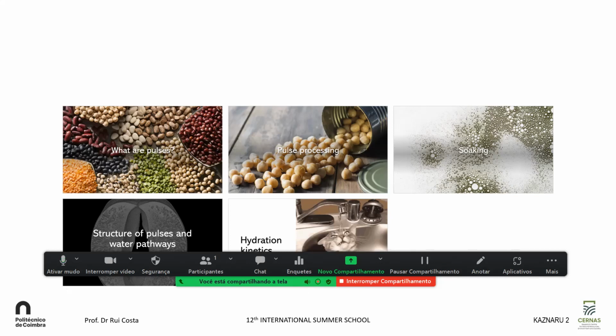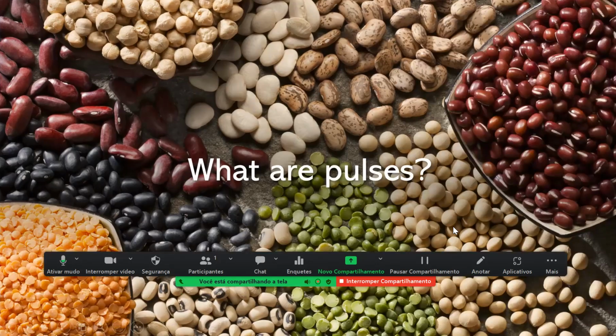So first, the first part of my presentation is about what pulses are. From this picture, you already see what I'm referring to. Chickpeas, beans, lentils, and green peas, for example, are pulses. Maybe this is a term that you're not used to.